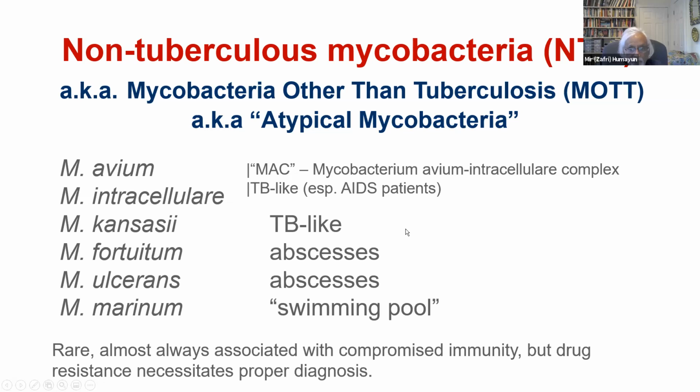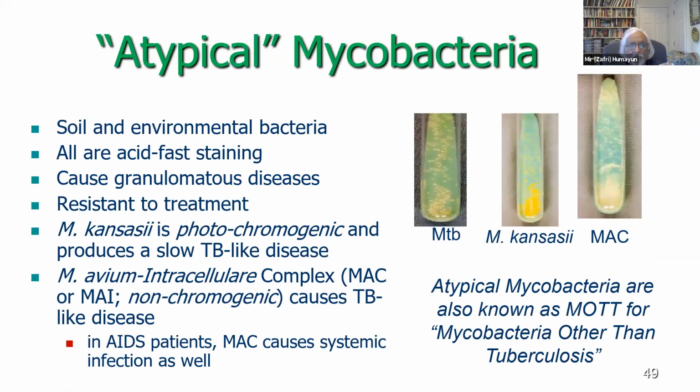Here is some additional information on a few important atypical mycobacteria. All atypical mycobacteria, by the way, are environmental bacteria. They live in the soil and other environmental niches. All of them are acid fast staining. All of them cause granulomatous diseases.